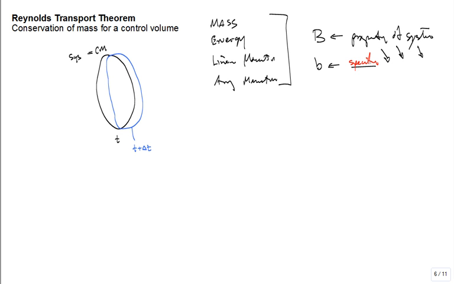Okay. So if I wanted to, I could go back to this one and I could say, what's cap B and lowercase b if the property of the system I'm really interested in is mass? Well, it's m. B is m. Okay, well, what's the specific? You almost have to be told 1. Mass divided by mass is 1.